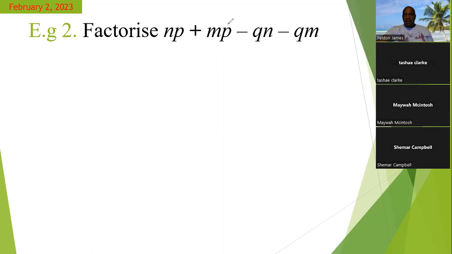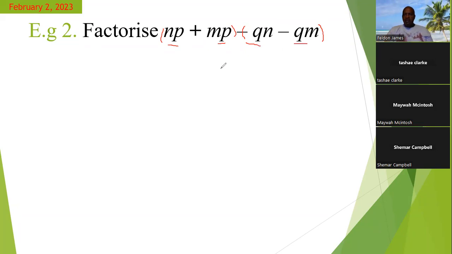All right, so the first pair, we notice that we have a common factor, which is P. So we need not rearrange that pair. The second pair, we have a common factor. And we notice that for the common factor Q, both of them carry a minus.